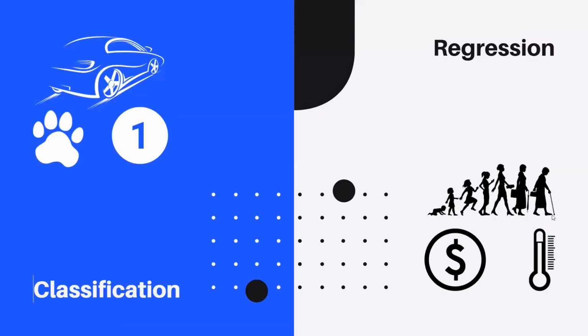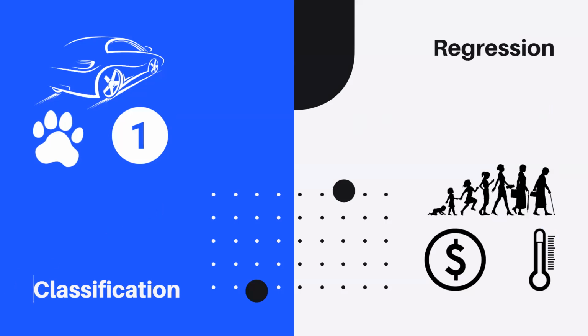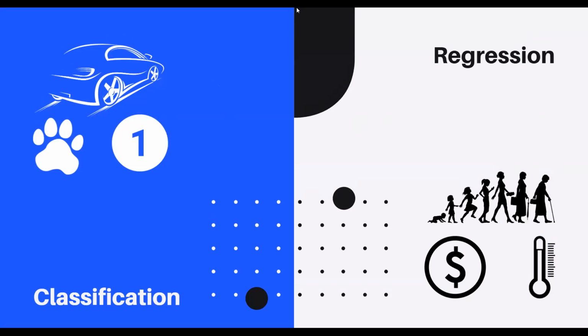So first, can you guys tell me what is regression and what is classification? Classification is related to categorical data, while regression is related to real numbers.